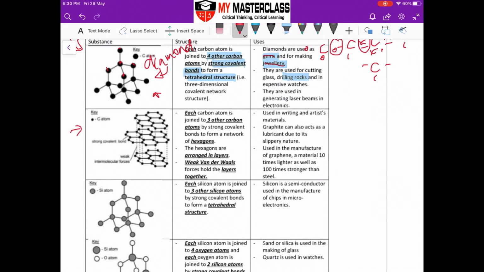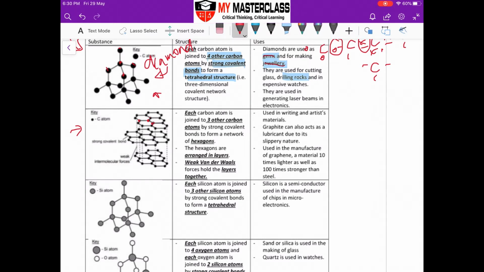Again, each black circle is a carbon atom. But now one carbon atom over here is bonded to 1, 2, 3 other carbon atoms. Again, carbon has 4 outer electrons, but only 3 are used for covalent bonding.